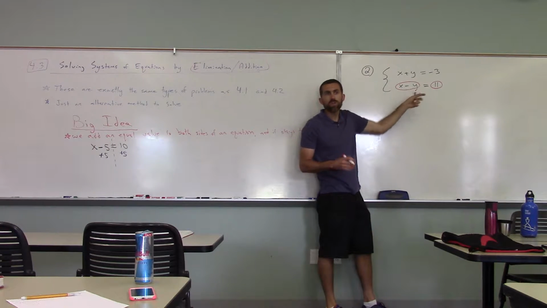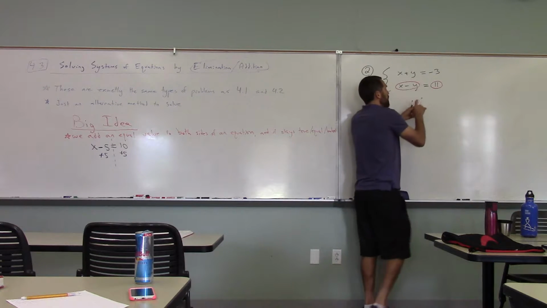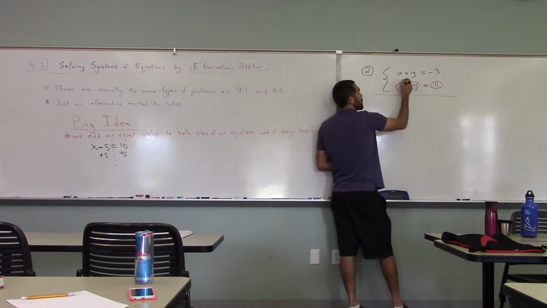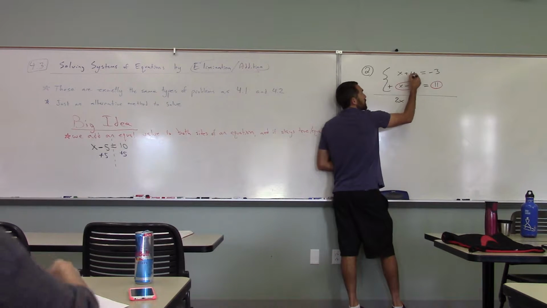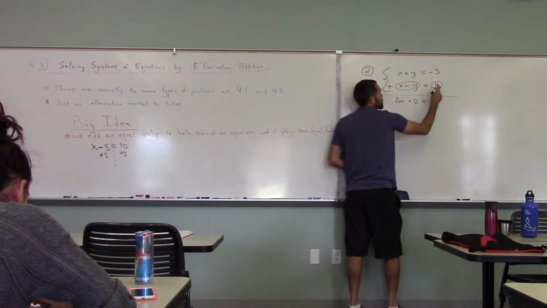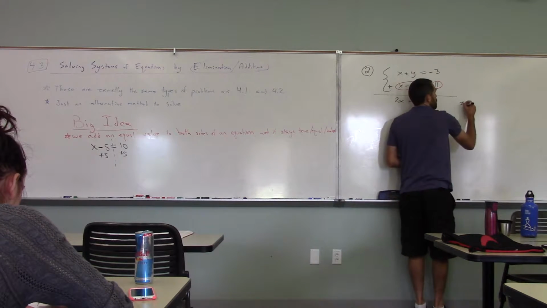The key is, because these are equal, we can add it straight up. Adding these together, we get x plus x, which is 2x. Positive y plus negative y is 0, equals 11 plus negative 3, which is 8. Okay?